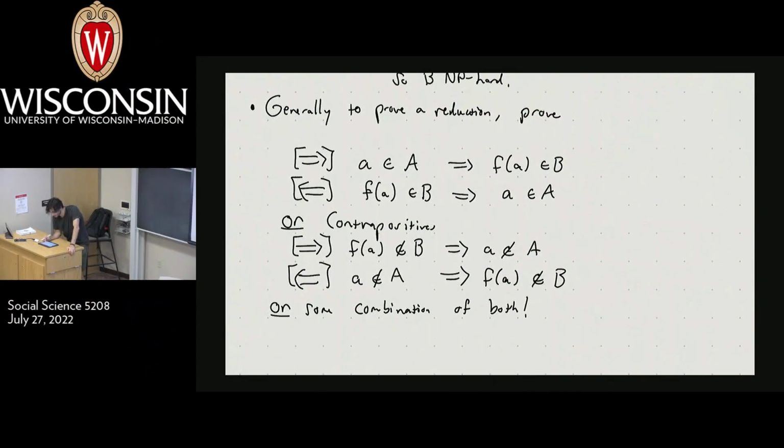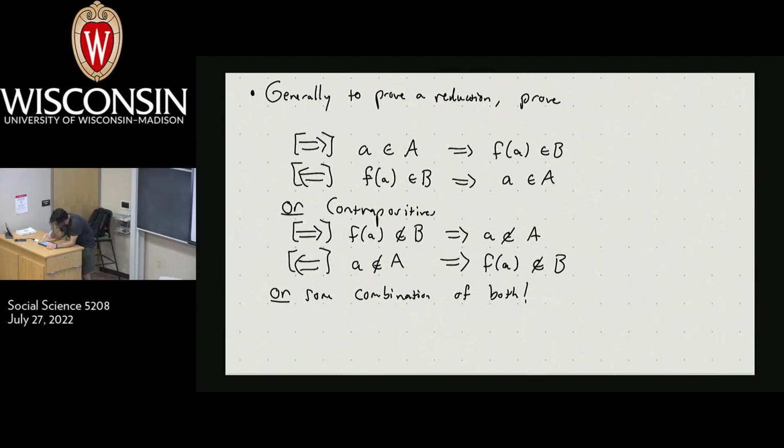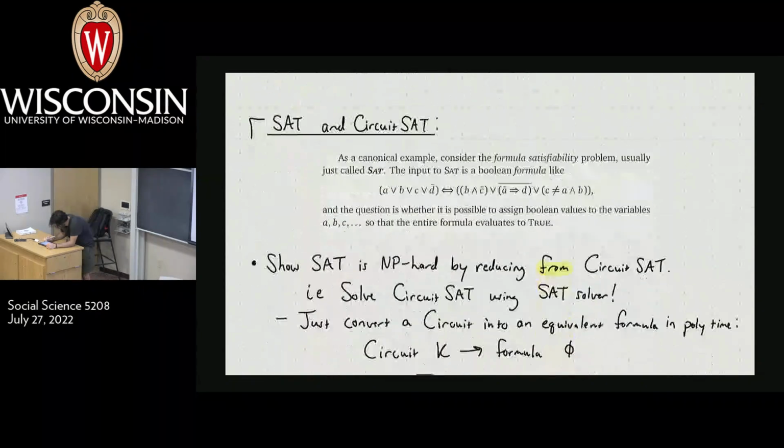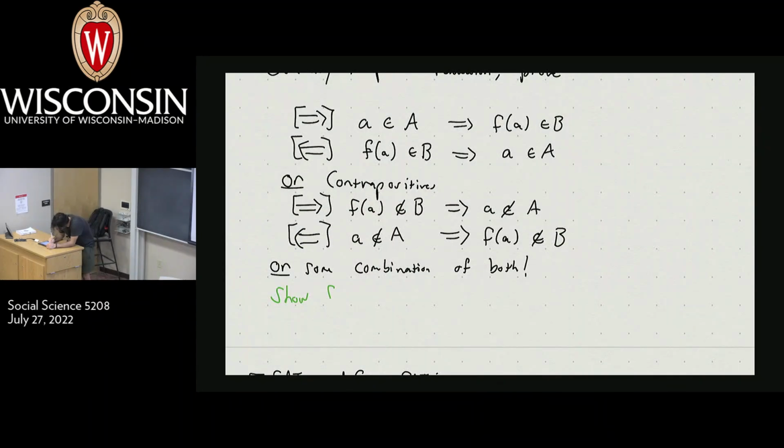So what's the takeaway? If you want to show something's NP-hard, let's say you want to show problem B is NP-hard.